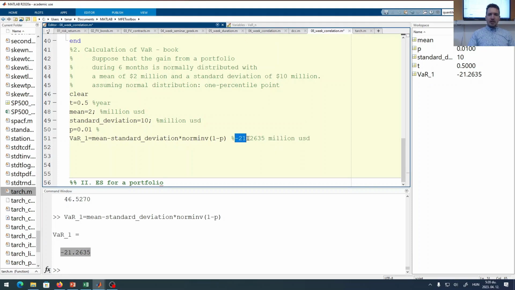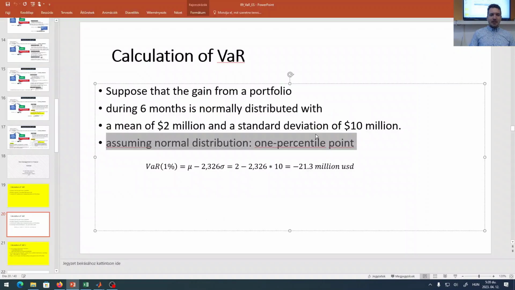So this is what we can lose at 1% of probability. We don't know what can be lost later, but this is the thing that we can lose here.